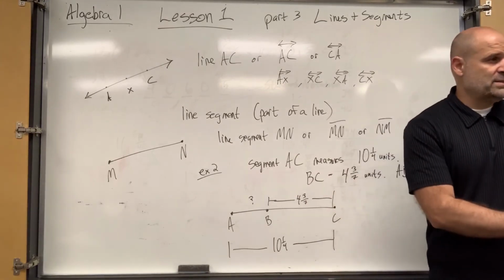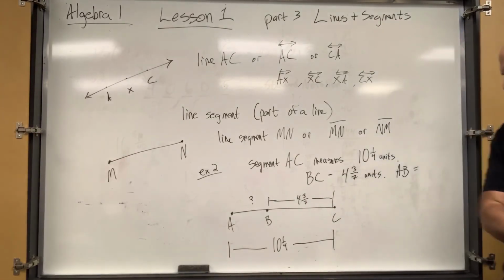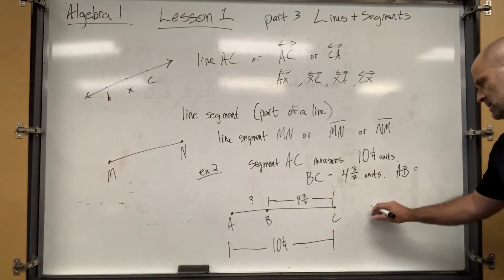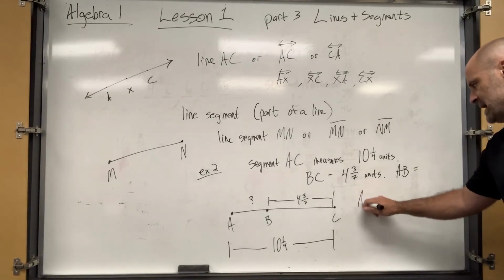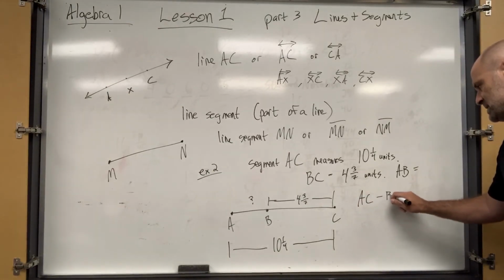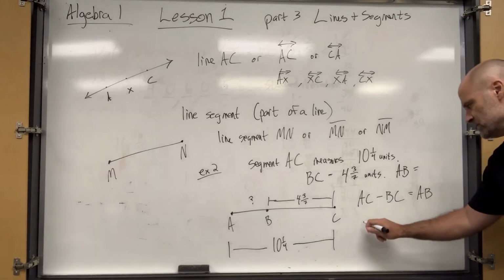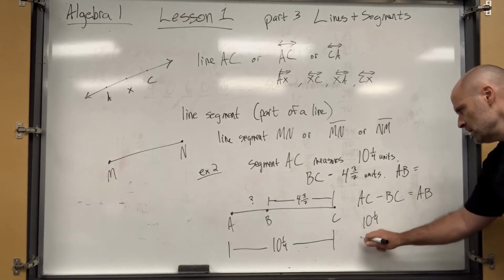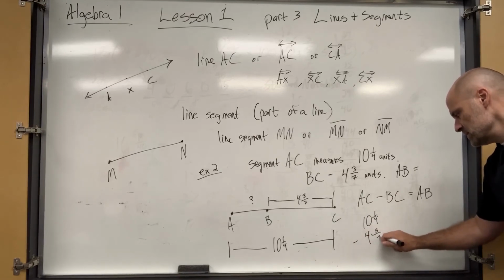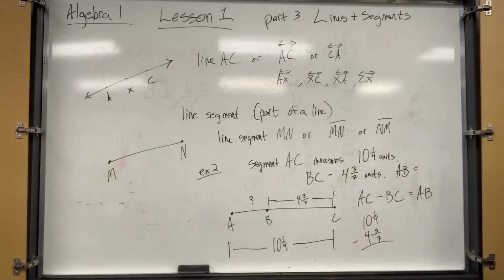What's a fancy math word for cut off? Subtract, get rid of. Okay, so let's do that. We're basically going AC minus BC equals AB. So 10 1/4 minus 4 3/7. What do we do first? Common denominator. What is it? 4 and 7, 28.